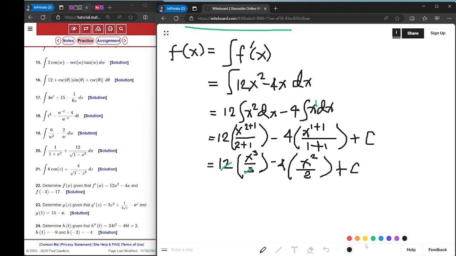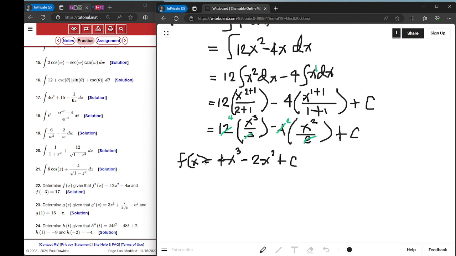This becomes 4, since 12 is divisible by 3. And we have 4 divided by 2, which becomes 2. Our answer will be 4x cubed minus 2x squared plus c. So this is now our f of x.